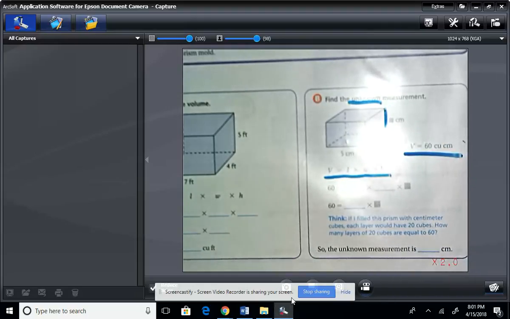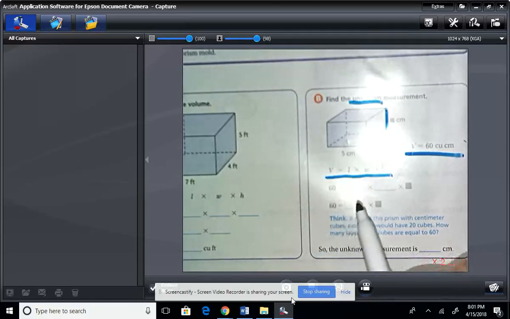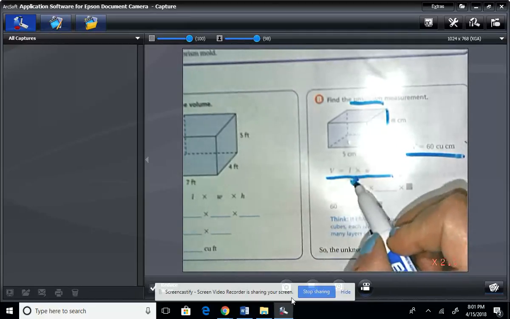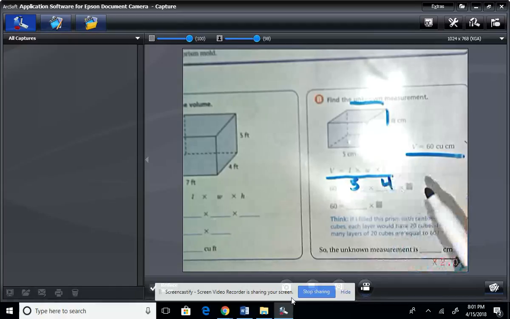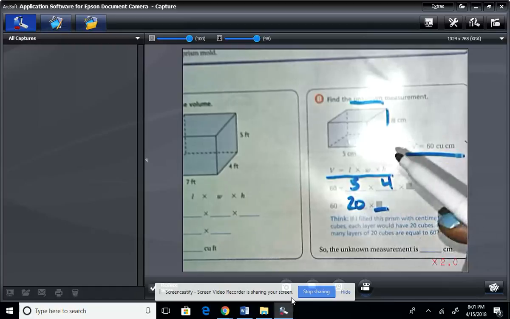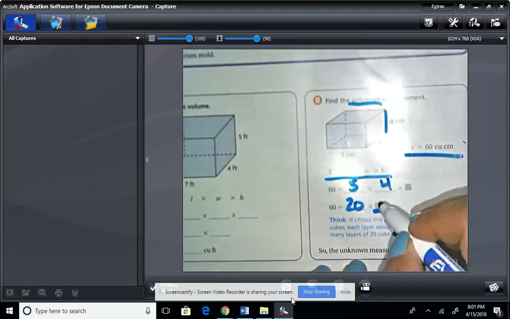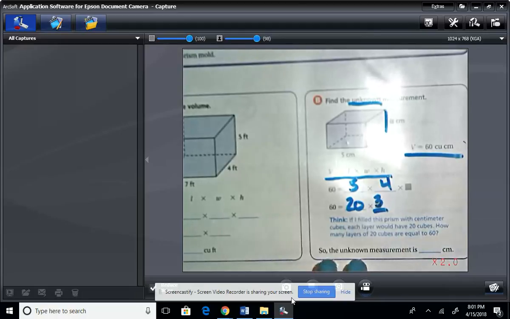So we have to take what we know and we say 60 equals what? 5 times 4, which is 20. And then we have to say 20 times what equals 60. So we know 20 times 3 equals 60. So our unknown is 3.